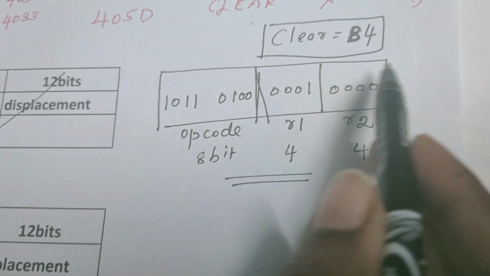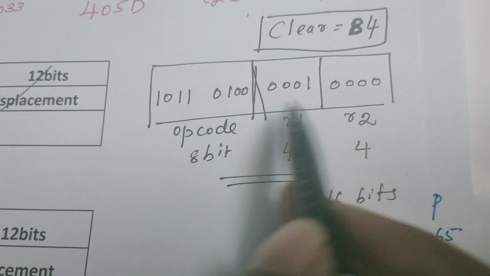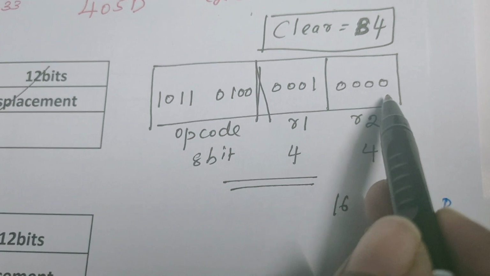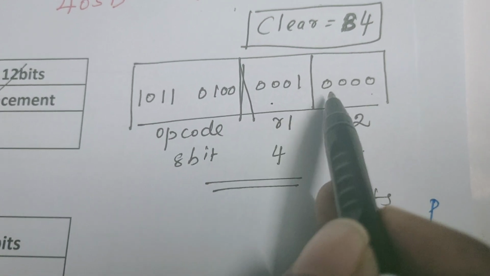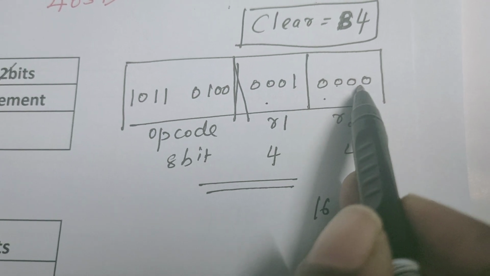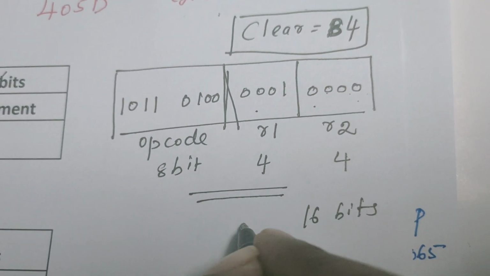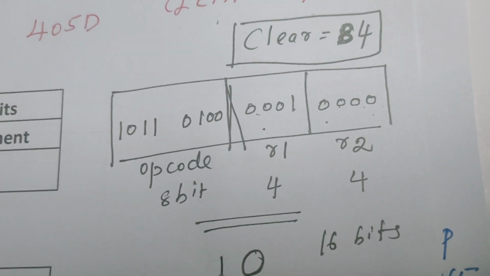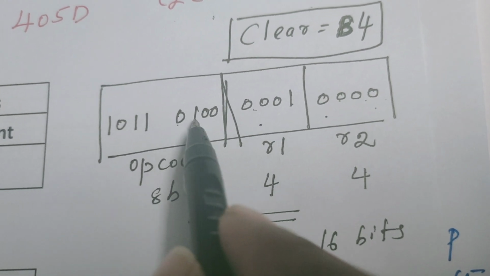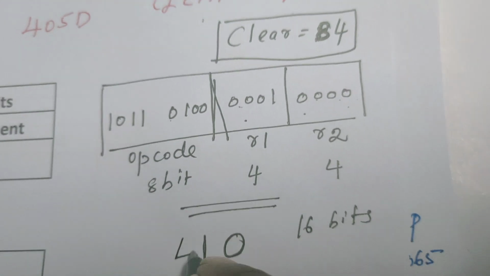So now let us write the object code for this instruction. Combine from the LSB position 4 bits at a time and write the hexadecimal equivalent. For 0 0 0 0, the equivalent is 0. For 0 0 0 1, the hexadecimal equivalent is 1. This is 0 1 0 0, it is 4.